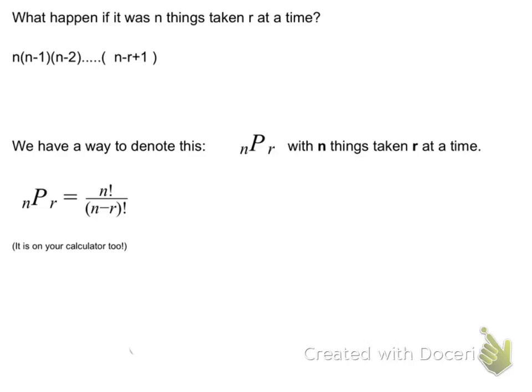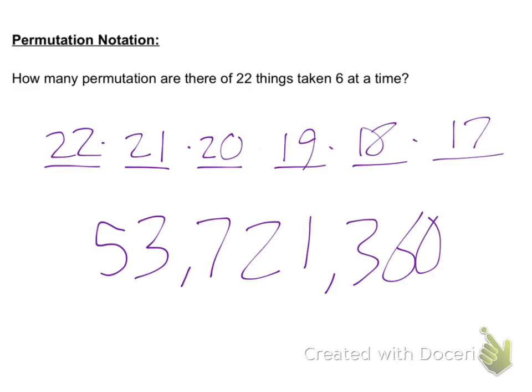Why is that? Let's go back to our other problem here. That starts off as n minus 1, n minus 2, n minus 3, n minus 4, and n minus 5. It's always one less than your number, going downward, because your first term has to be stated as n, your starting point.